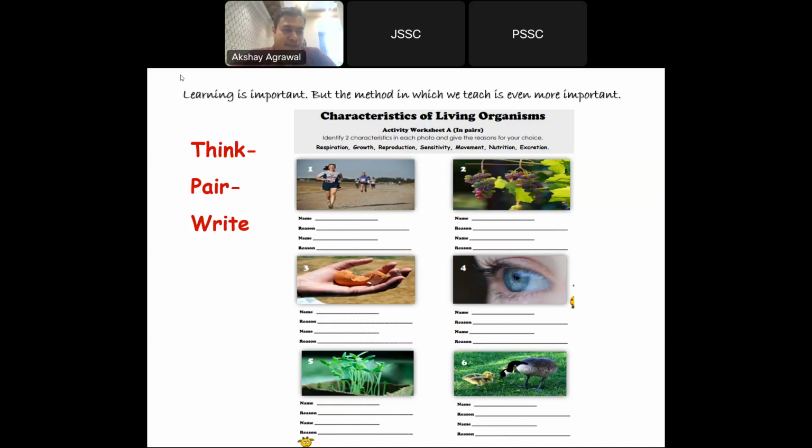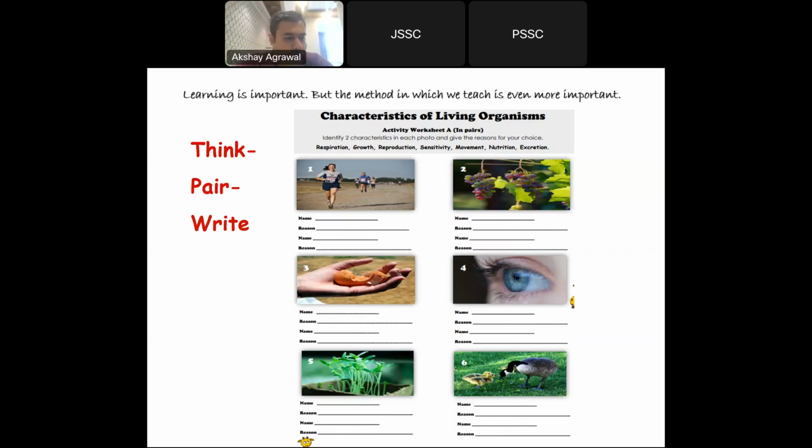Sensitivity. Anyone else? Growth, very good. Let's move to the fifth one. Nutrition, growth, movement, respiration, nutrition. Someone is saying, okay. Nutrition, growth. Sixth one. What about the sixth one? Growth, respiration, creativity. Creativity is not a part of it, but reproduction. Okay.